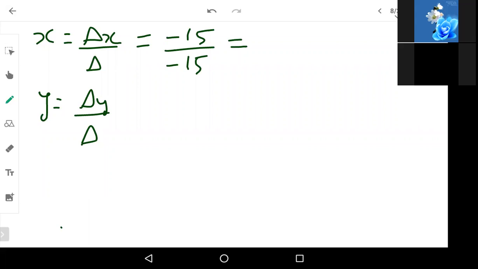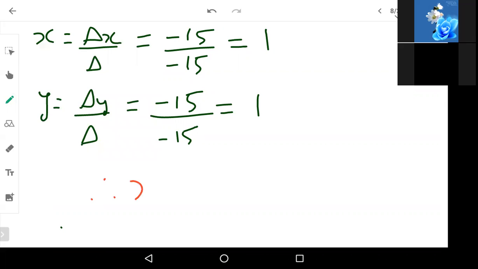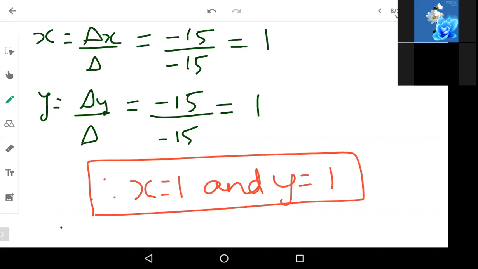So therefore the value of x is 1. Delta y is minus 15, delta is also minus 15, therefore the value of y is also 1. Okay, so therefore x is equal to 1 and y is equal to 1. This is our final answer.